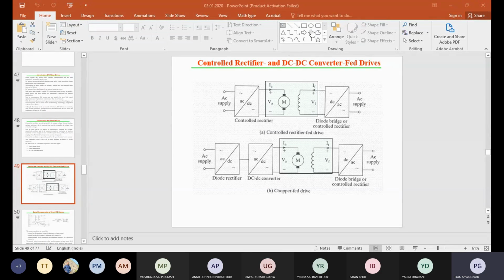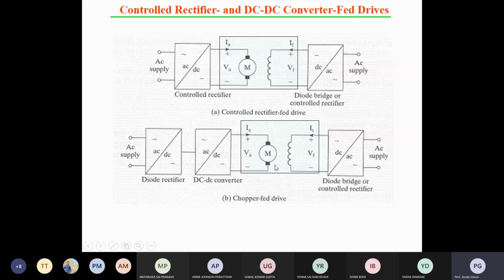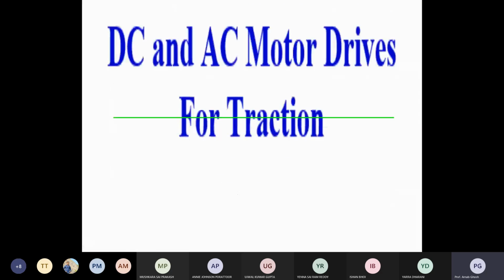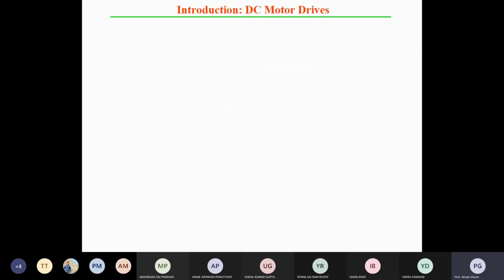Basically I am talking about the controlled rectifier. You know that the overhead connections are AC; in the Indian convention it is 25 kV AC. So if we want to feed the traction motor, normally we are considering a DC motor.